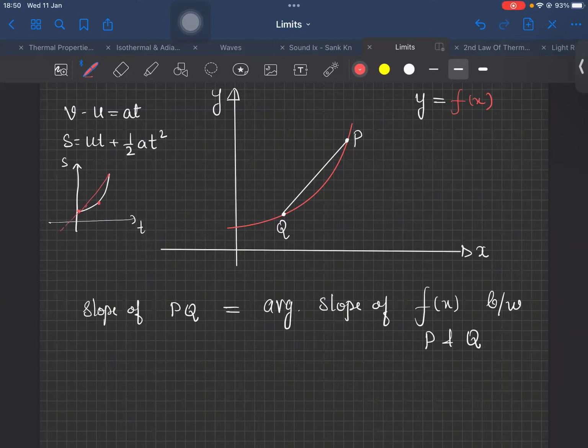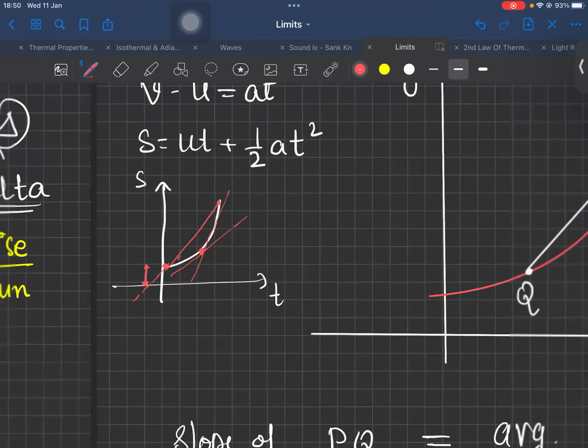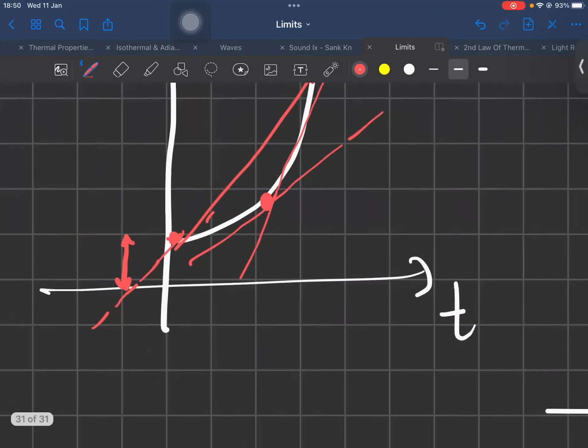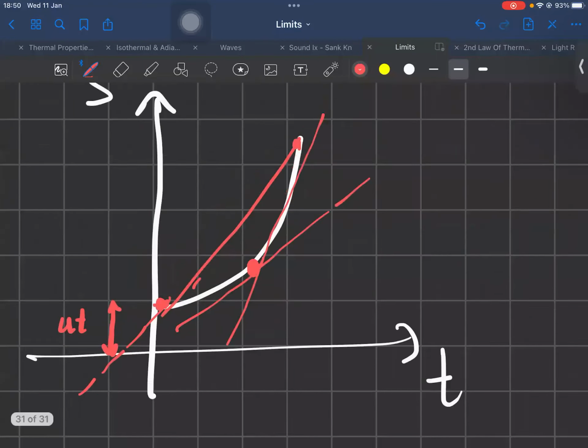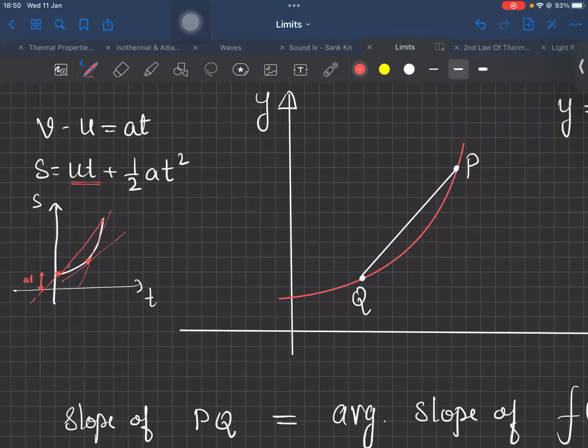Now at any point, if you want to find the velocity, that is called instantaneous velocity. You see the velocity is changing at every moment, right? What is this distance? This is your ut from this equation, and half at squared, because the acceleration is constant but the velocity keeps on changing.